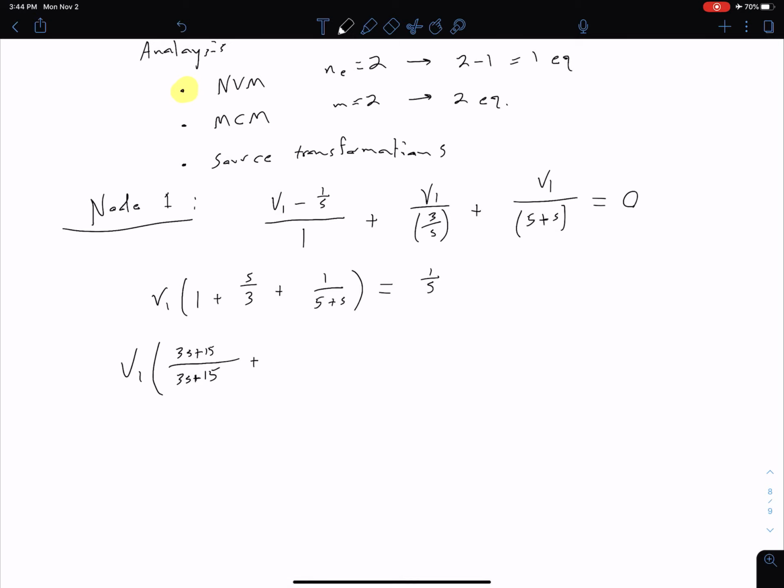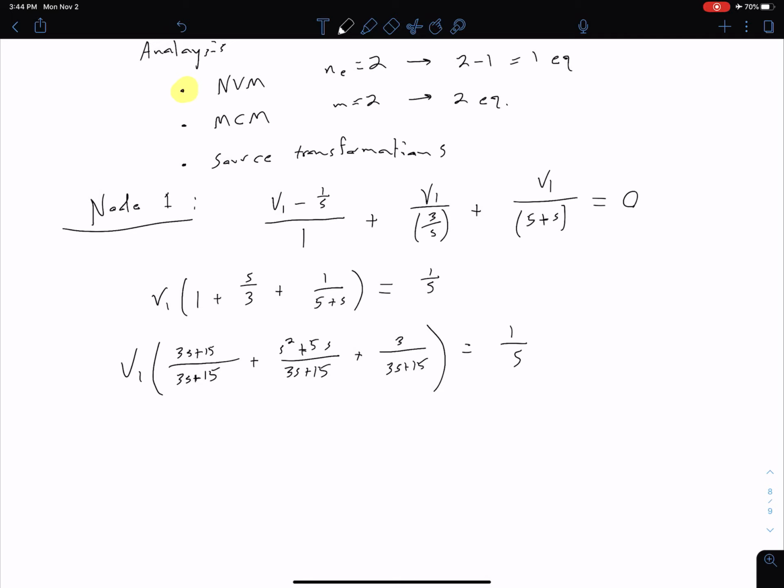Our second term is going to be 3S plus 15 times S in the numerator, so that's S squared plus 15S, plus 5S, divided by 3S plus 15, and here we have plus 3 divided by 5 plus S times 3S plus 15. Okay, and all of that is still equal to 1 over S.